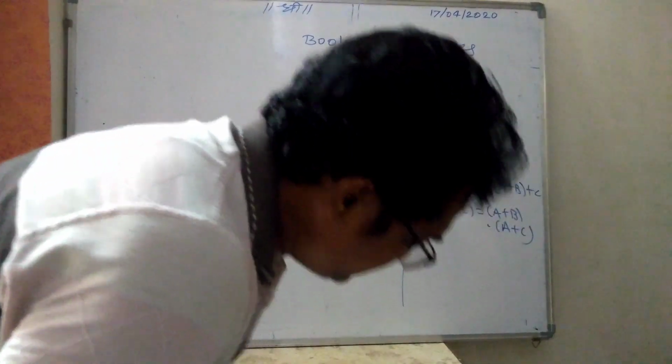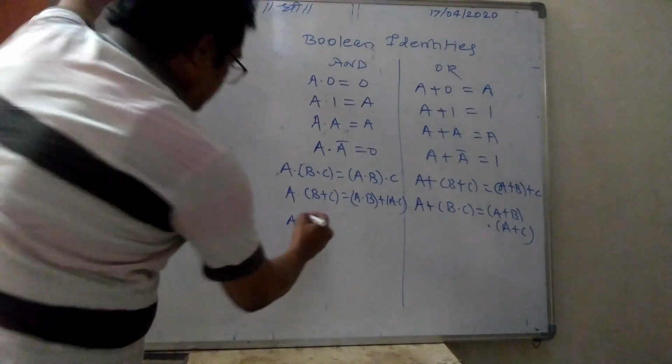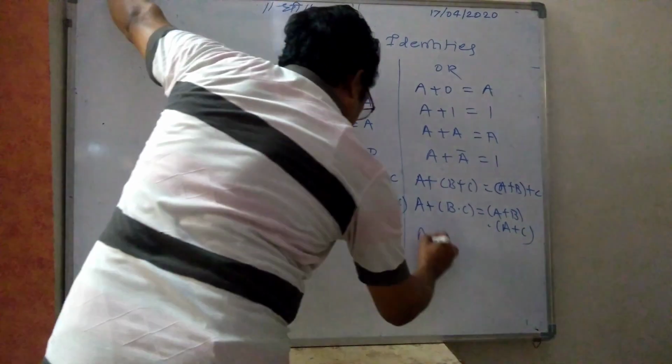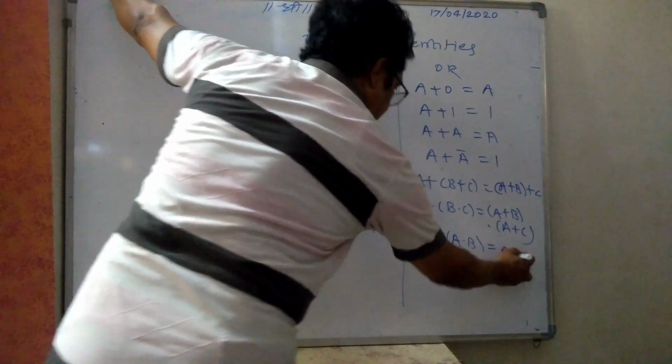And the last identity, A dot (A plus B) is equal to A plus A dot B is equal to A.